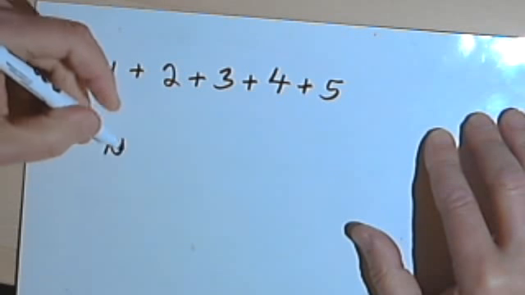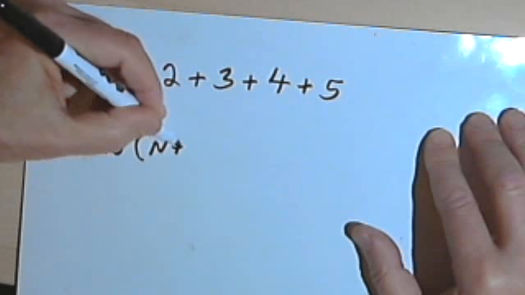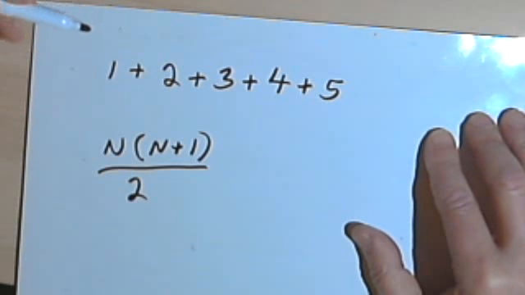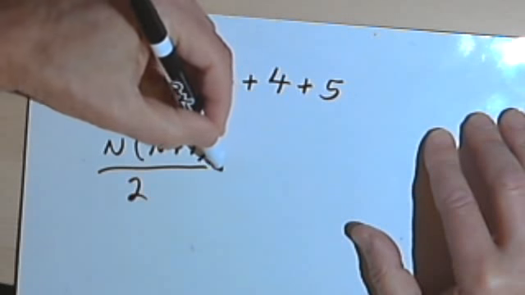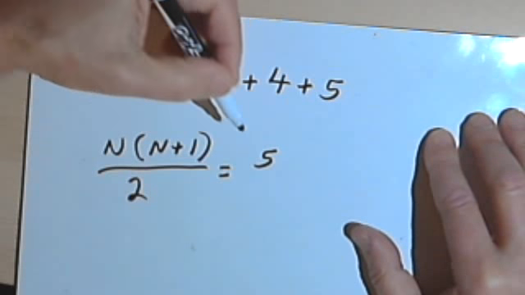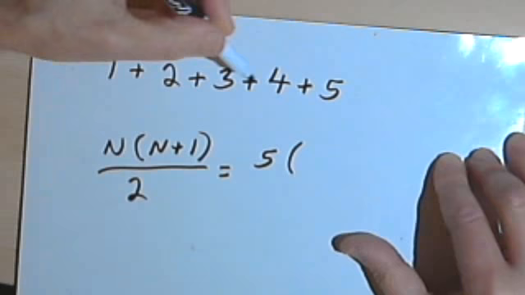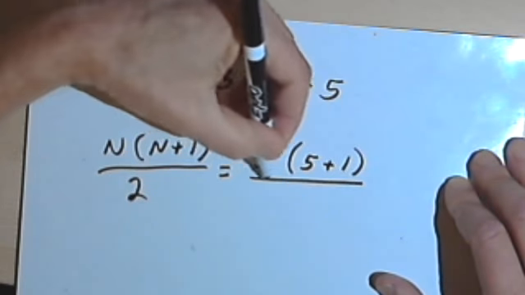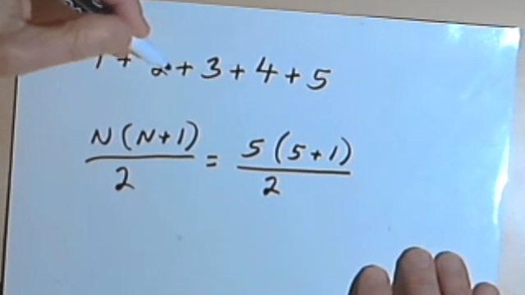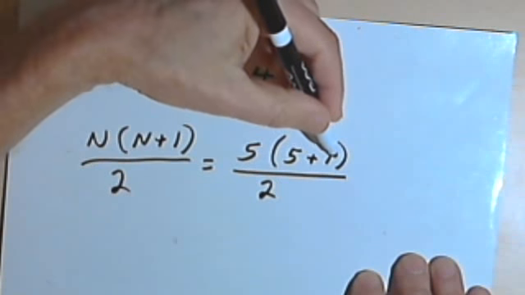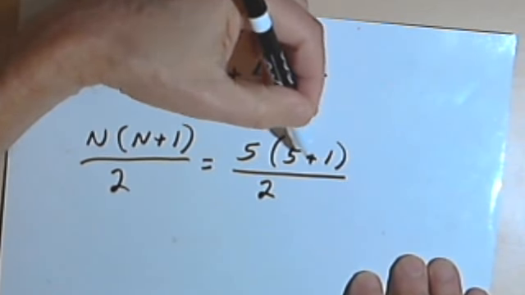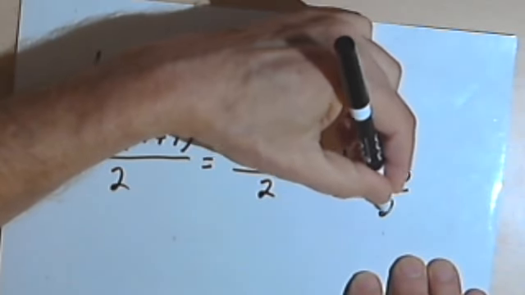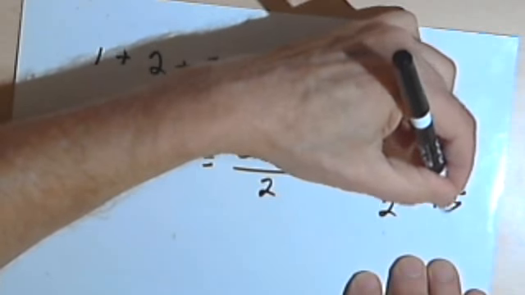So the formula is going to be n times n plus 1 divided by 2. In this case, n is 5. So I'll have 5 times 5 plus 1 divided by 2. 5 plus 1 is 6, and 5 times 6 is 30, so I'll have 30 divided by 2, and that equals 15.